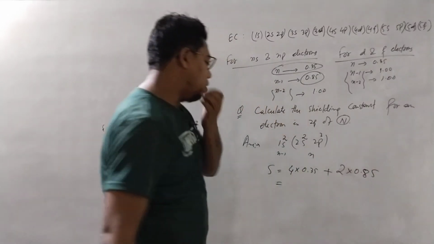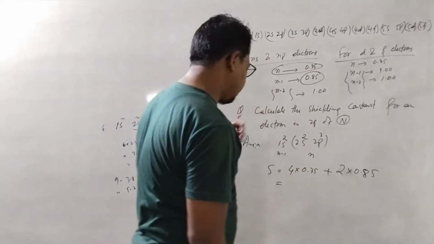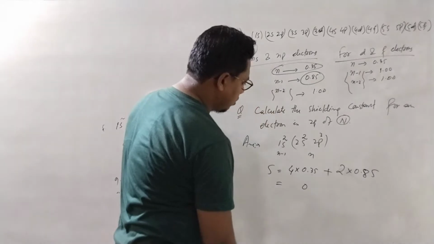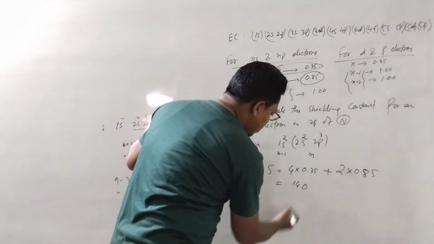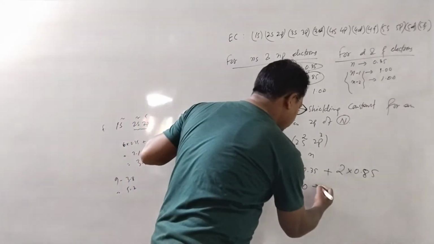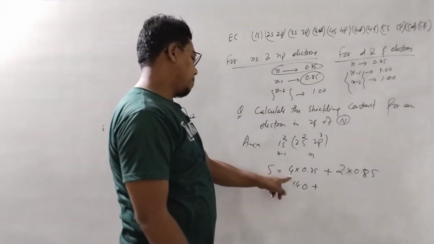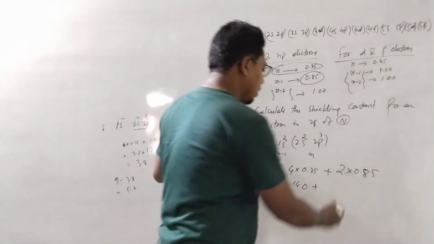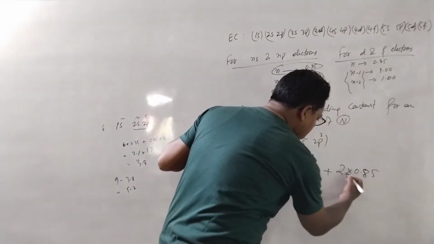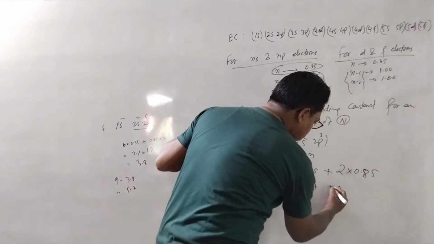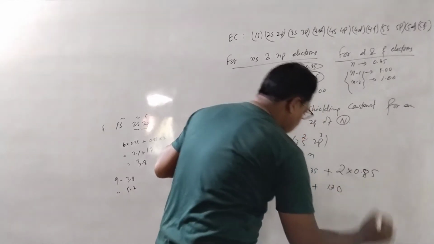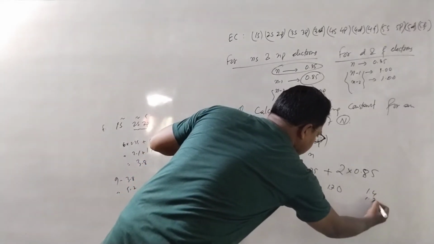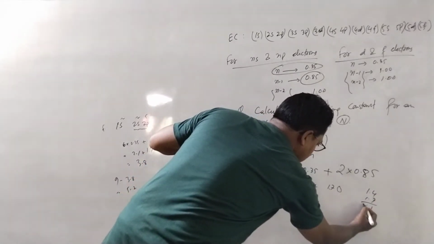So this comes out to be 1.4 plus 1.7, which is 3.1.